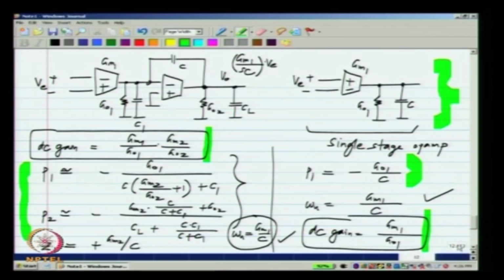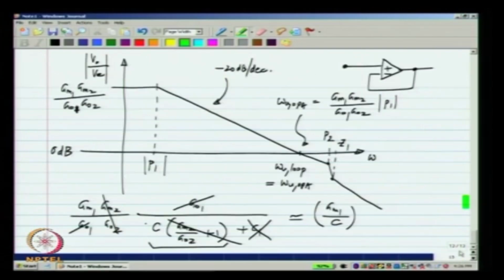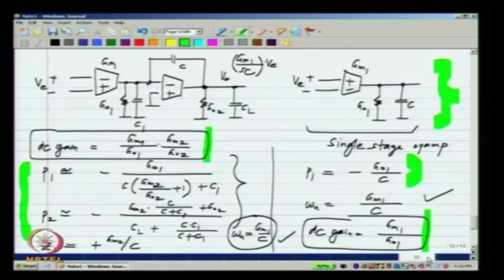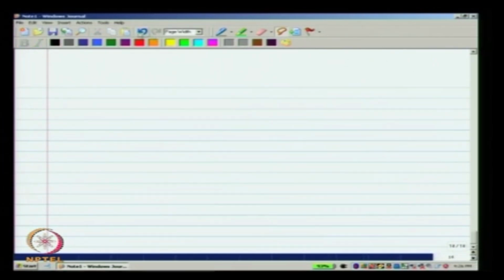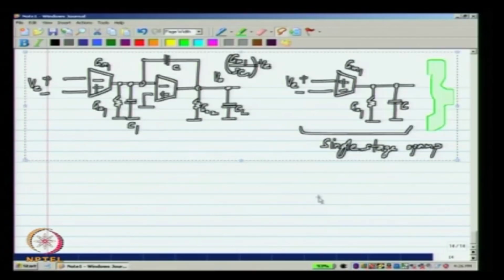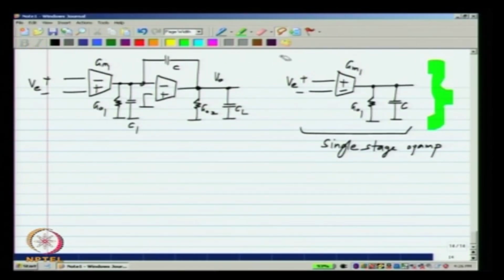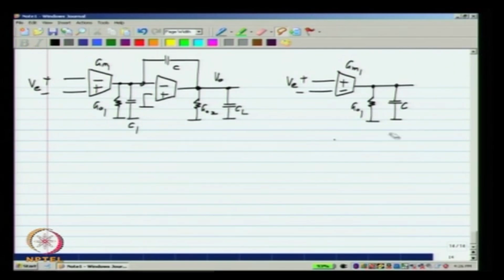Now, besides this, there is also another advantage of using a 2 stage op amp compared to a single stage op amp. Let me copy these things over. And that has to do with what happens when the load is resistive.